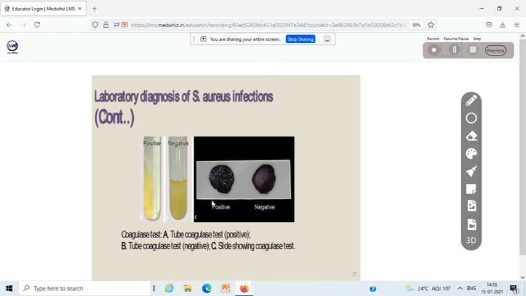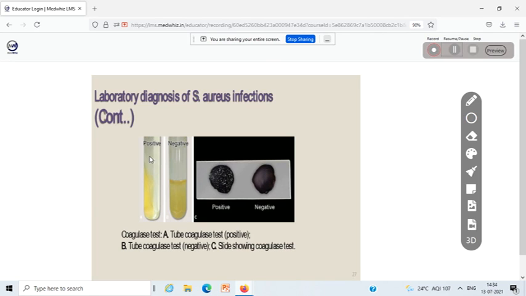For the slide coagulase test, you take a drop of distilled water and then you take a single colony and mix it in that distilled water. To this, you add a drop of plasma and then you emulsify it and look for any clumps. If it is coagulase positive, you can see small clumps forming within 2 minutes, and if it is negative, you see nothing but just that liquidy state of the plasma and the colonies.